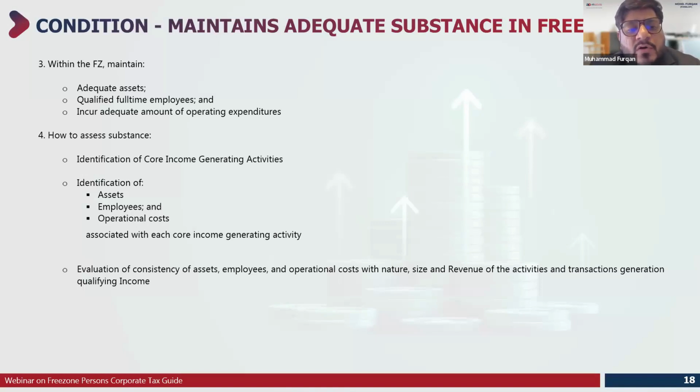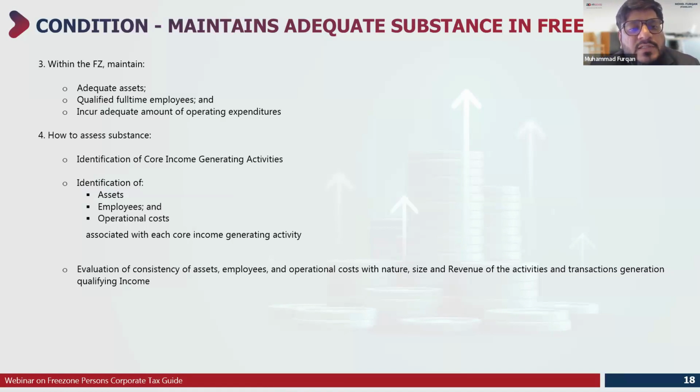After identification of his core income generating activities, he then needs to identify his assets, employees, and operational costs which are associated with his core income generating activities. And in the third step, he needs to evaluate the consistency between the above 2. He needs to evaluate whether his assets, employees, and operational costs are consistent with the nature, size, and revenue of the activity which he is performing.